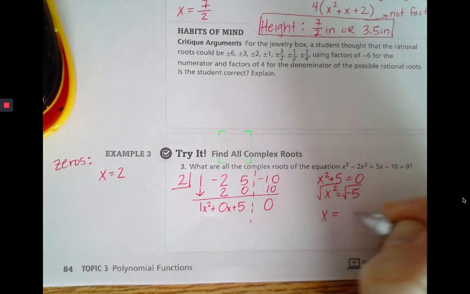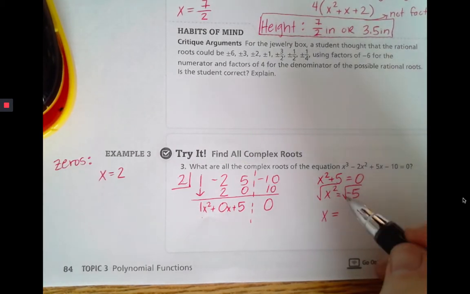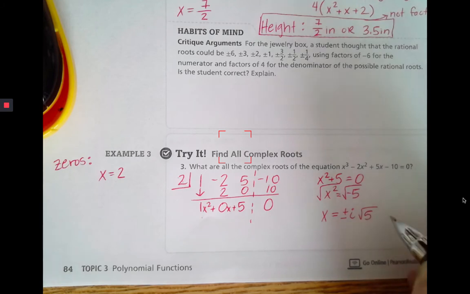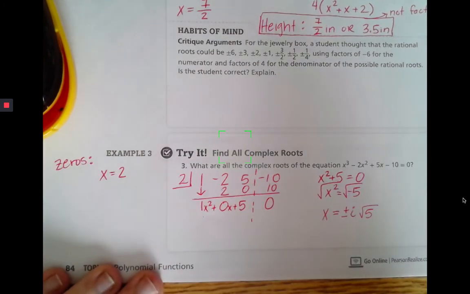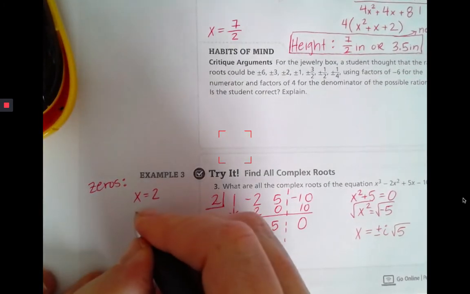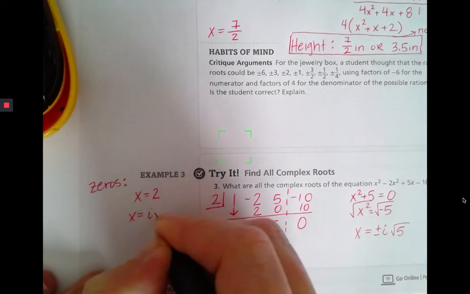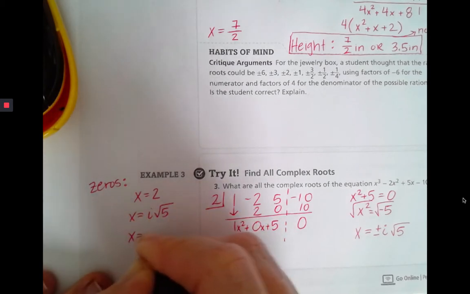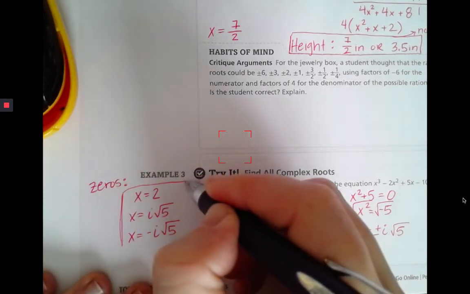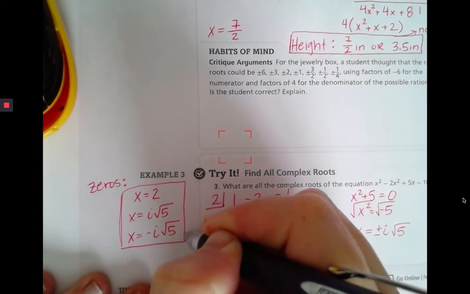So I've got x is equal to, what do we always take out if it's a negative? I. So x is equal to plus or minus i times the square root of 5. Can the square root of 5 be simplified any further? Nope, that's as far as it gets. So I know that x equals 2, x equals i square root 5, and x equals negative i square root 5. Those are my 3 zeros.